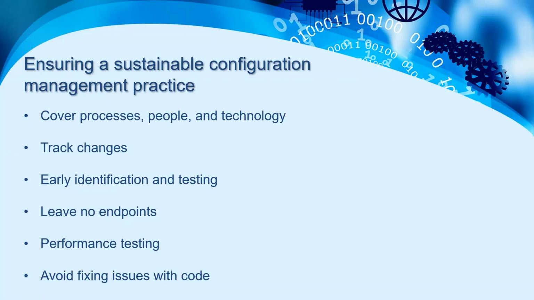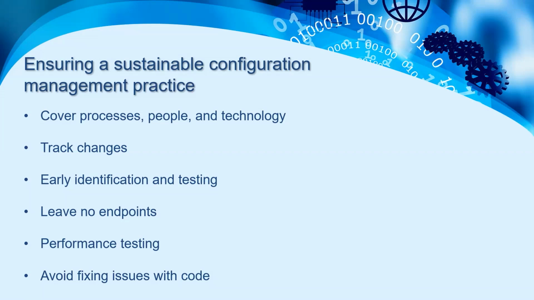You must understand your organization's requirements and peculiarity and tailor your technology to meet that requirement. Then the second point there is track changes. You must always track the changes. Every change that is made to every configuration item within your organization, you must put a process in place to track changes. That's the only way you can have a sustainable configuration management system within your organization.